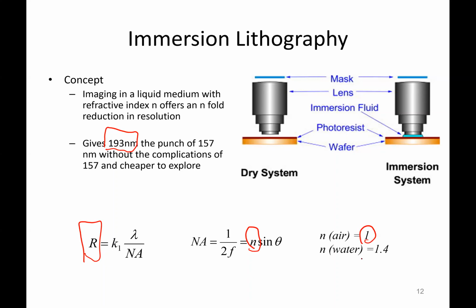But by having the water, this n value changes into 1.4. So that decreases the R by that amount. So there is a 40% increase in NA, which decreases the resolution by around 70%. That is the main idea of immersion lithography.